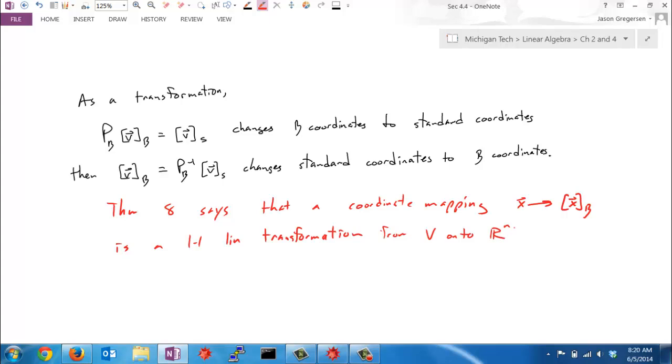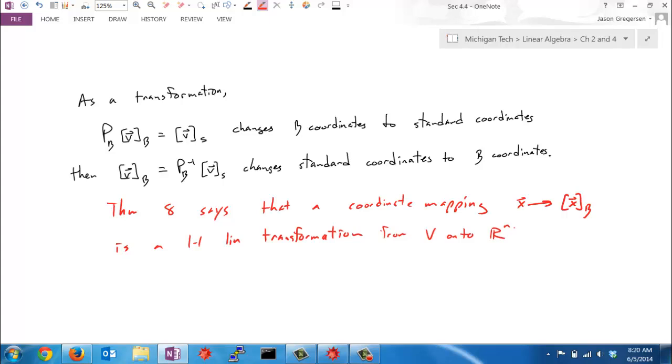Now, normally you read through the section, you get to that theorem, and you say, oh, that's wonderful, a one-to-one linear transformation. But hopefully we can see why that's important. The reason they have that big theorem there is, okay, if that transformation is linear, one-to-one, and onto, what does that tell us about the transformation? Does that answer our question?